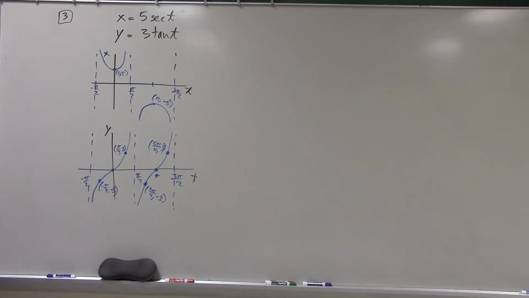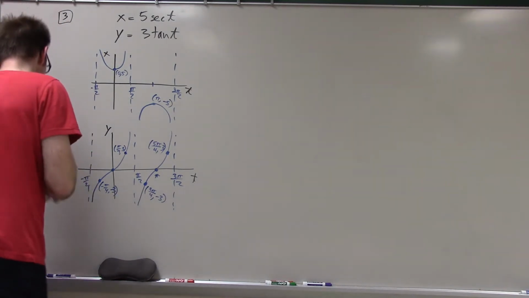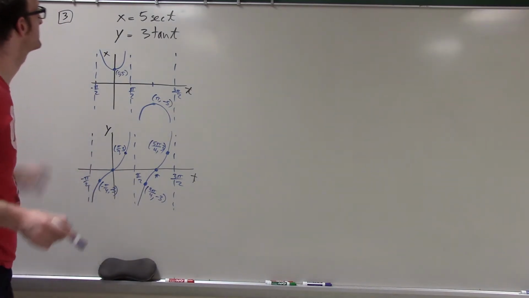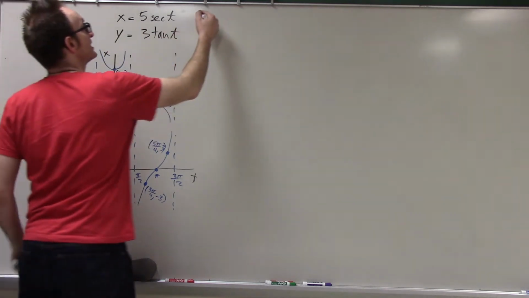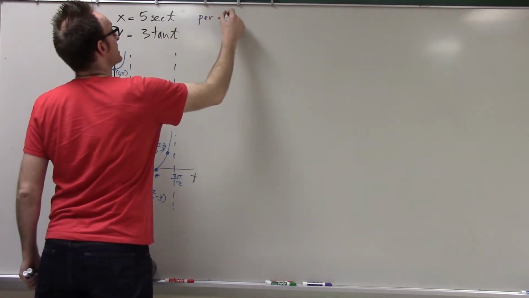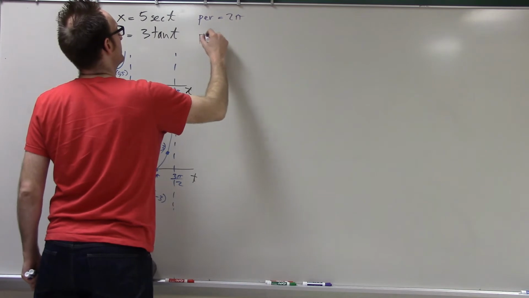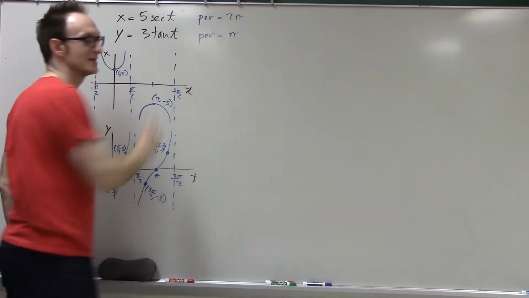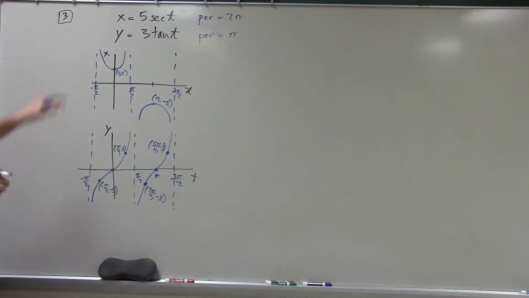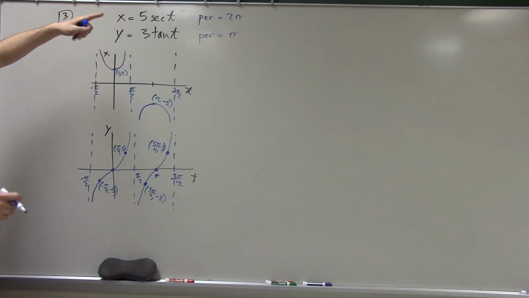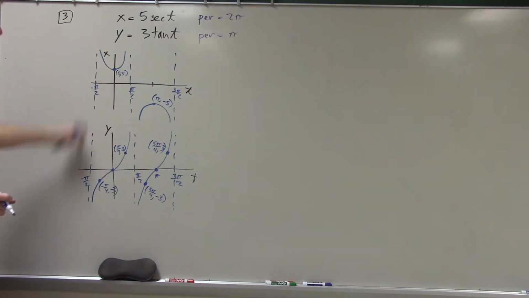And it is after looking at these functions that I'm ready to say, oh, okay, the period of the secant function is 2 pi, and the period of the tan function is pi. And so if the x-coordinate is repeating every 2 pi, but the y-coordinate is repeating every pi, that means the whole shape is going to repeat every 2 pi.